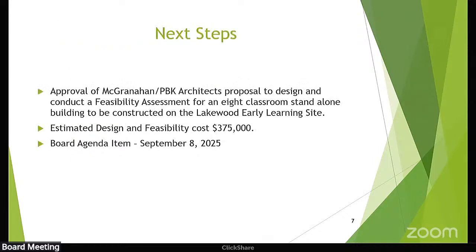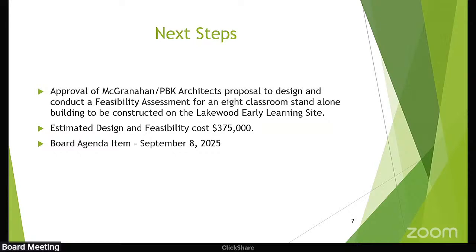And so our next step, as I stated earlier in the other presentation, is really to bring a recommendation to the board to start the proposal for the design and conduct a feasibility assessment. From that, we could go out and get bid documents. We're looking at about a $375,000 estimated cost for this.